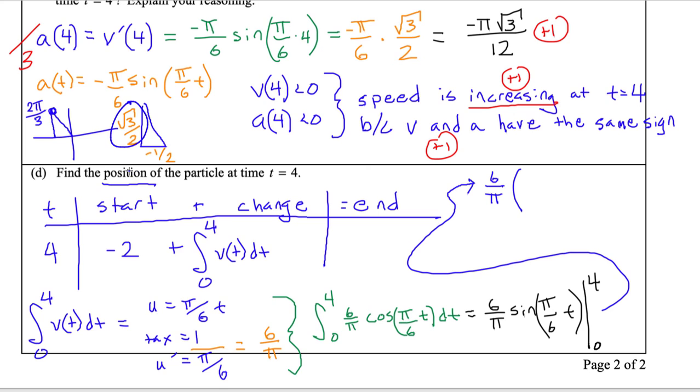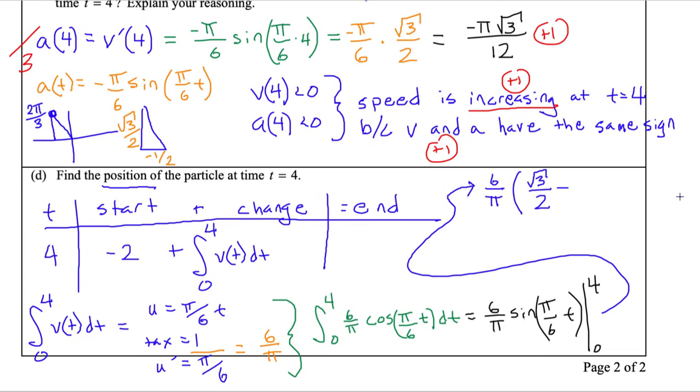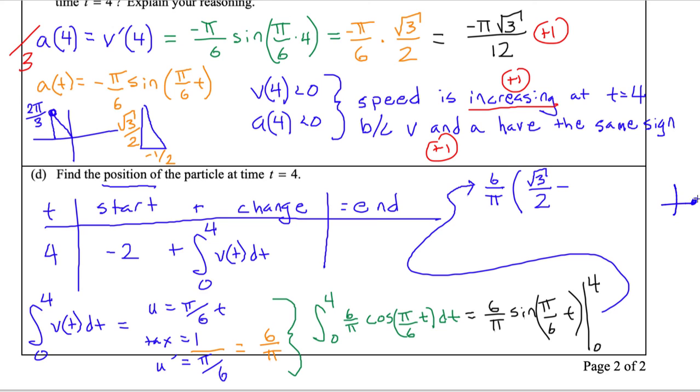Sine of 2/3 t is square root of 3 over 2. Then minus whatever happens when we plug in 0. Sine of 0, everyone can shout out, is? 0, yeah. Sine of 0, again, I'm thinking of right here, the y-coordinate of 0 is 0. So minus 0. And that's just 6 over pi times the square root of 3 over 2.